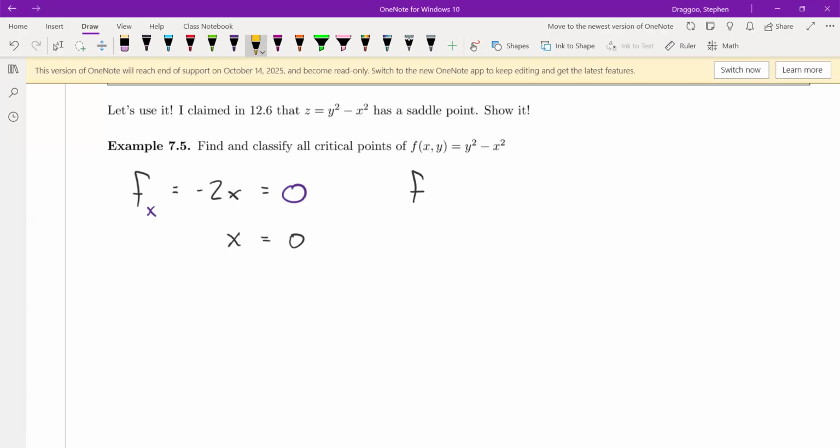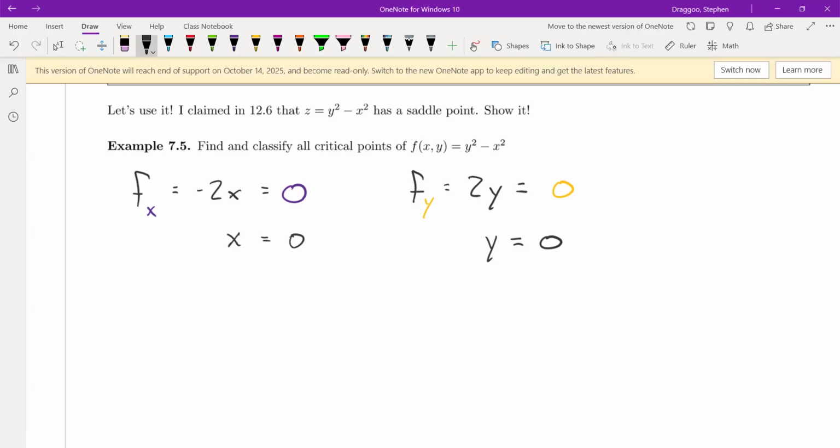But since it's multivariable calculus, we have to do this multiple times. 2y here should be equal to 0 as well, which gives us y equals 0. Now, generally, we are going to need to be solving a system of equations in order to find our critical points.